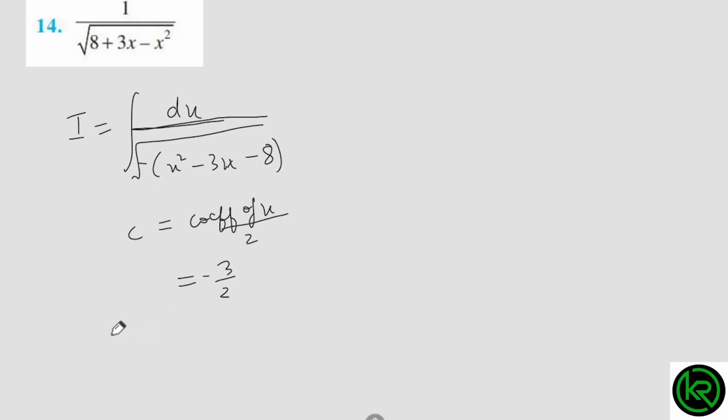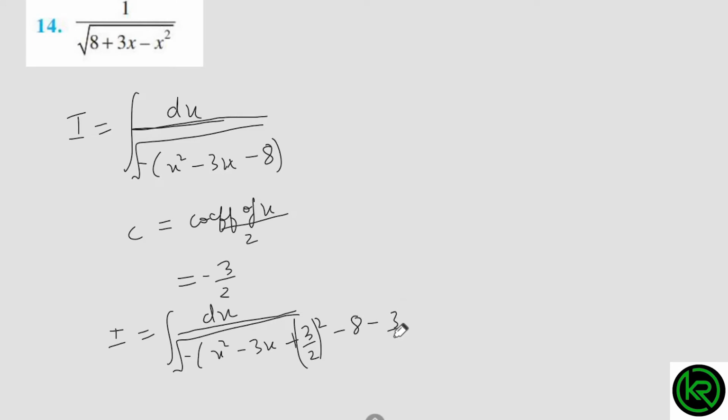Okay, so now I will be equal to, we have to add and subtract c. So minus, x square minus 3x, I am writing after this (3 by 2) square and minus 8 minus (3 by 2) square.